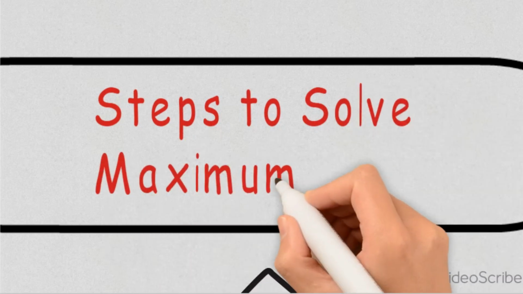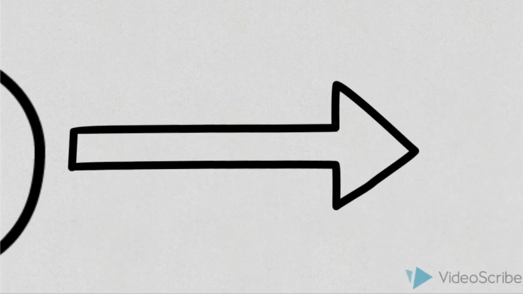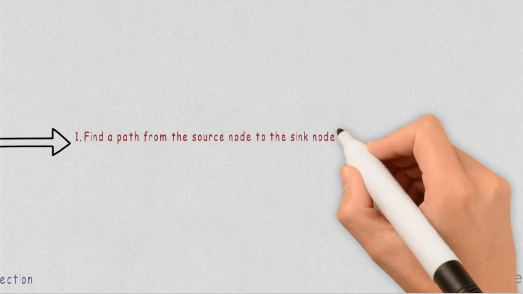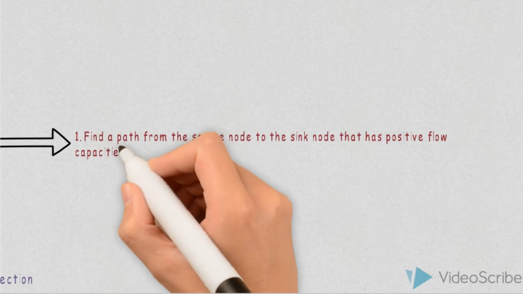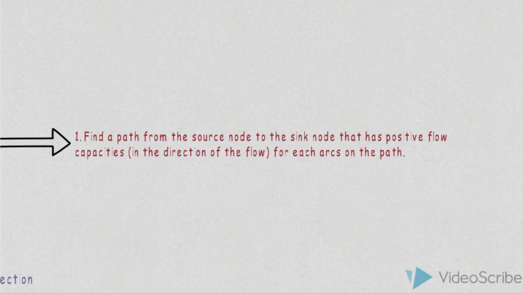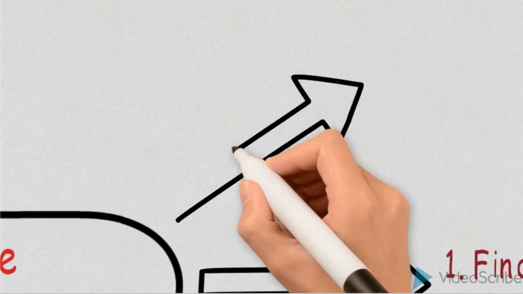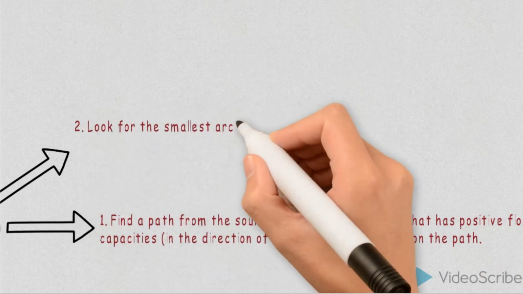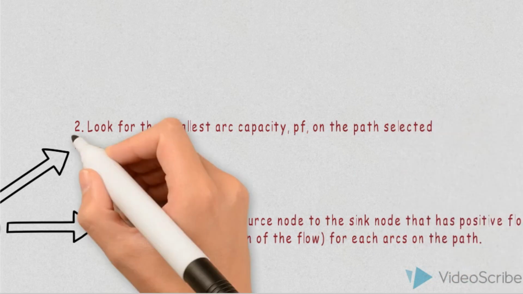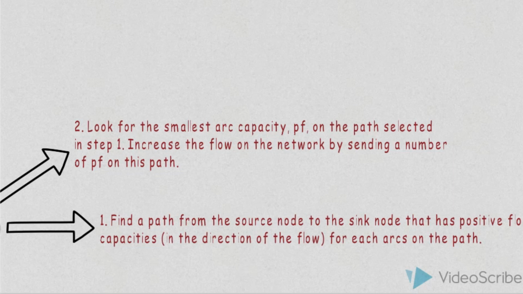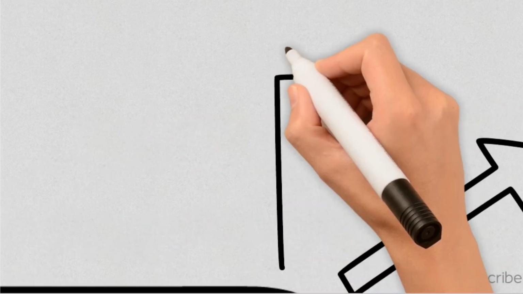Steps to solve maximum flow. Step 1 is find a path from the source node to the sink node that has positive flow capacity in the direction of the flow for each arc of the path. Step 2, look for the smallest arc capacity, PF, on the path selected in step 1, and increase the flow on the network by sending a number of PF on this path.